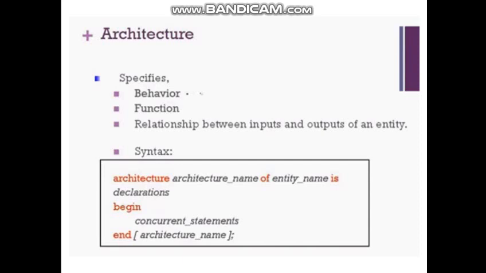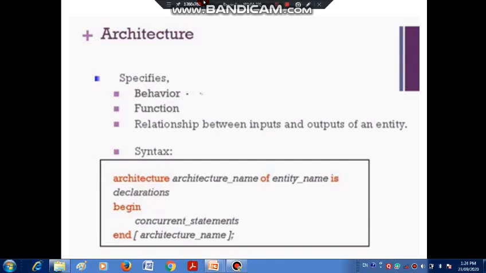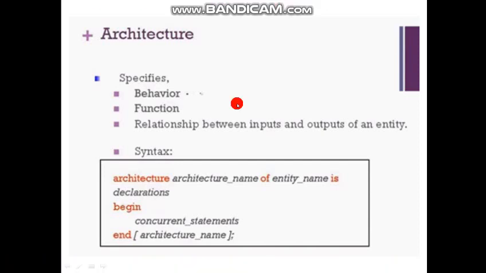The architecture name and entity name should be proper. Your entity name must be the same name given to the entity above. If the entity name does not match, it gives you an error. That is very important.